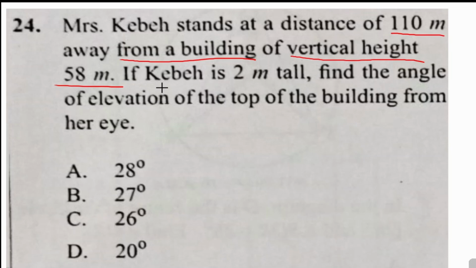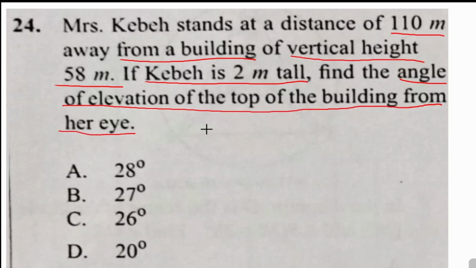And Kebe is 2 meters tall, and then we have to find the angle of elevation of the top of the building from her eye level. I decided to underline the whole of this because it adds meaning to what we are going to do.